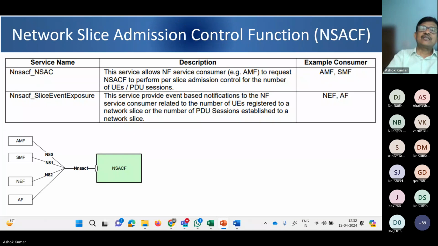Okay. Now let me talk about admission control, which came in release 17. So what does it do?